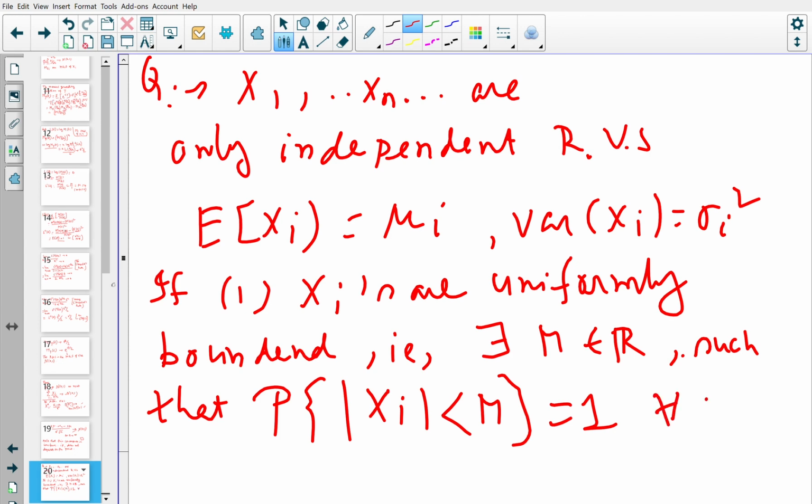This is not only bounded, this is a uniform bound for all the random variables X_i.